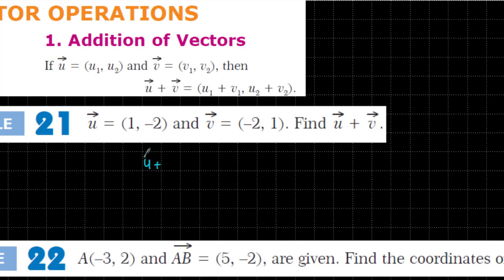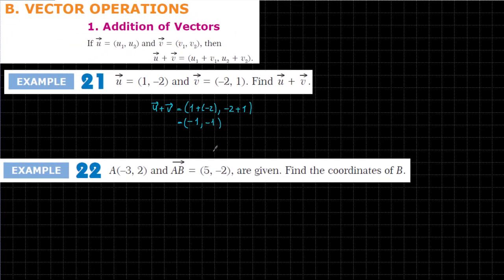Here it's going to be 1 plus -2, and -2 plus 1. 1 plus -2 is equal to -1, and -2 plus 1 is equal to -1. So u plus v is equal to (-1, -1).